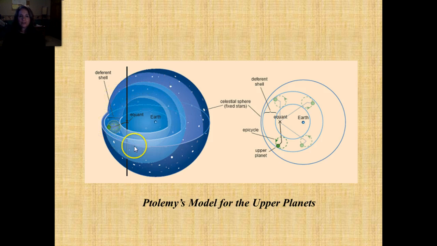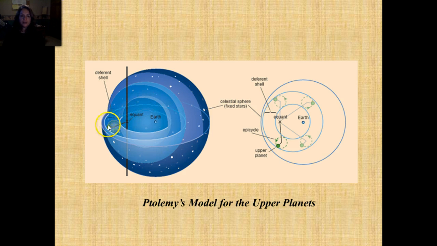However, the other crystalline spheres that carried the 5 planets, the moon and the sun, were actually not centered on planet Earth. As you can see here, they're centered at a point that is between planet Earth and the equant. And I'll talk more about that in just a bit.